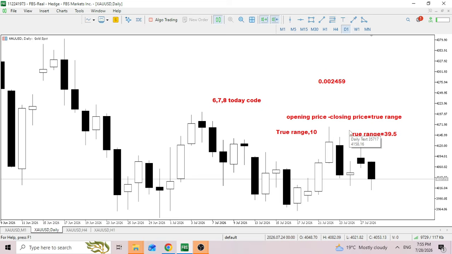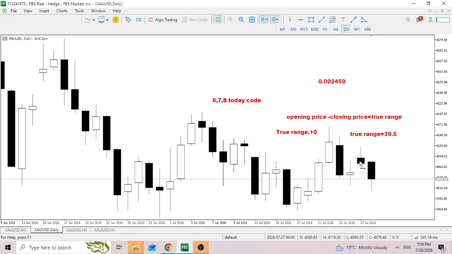And volatility of gold is so high, it's compressed to power 10. So it moves 395 pips.